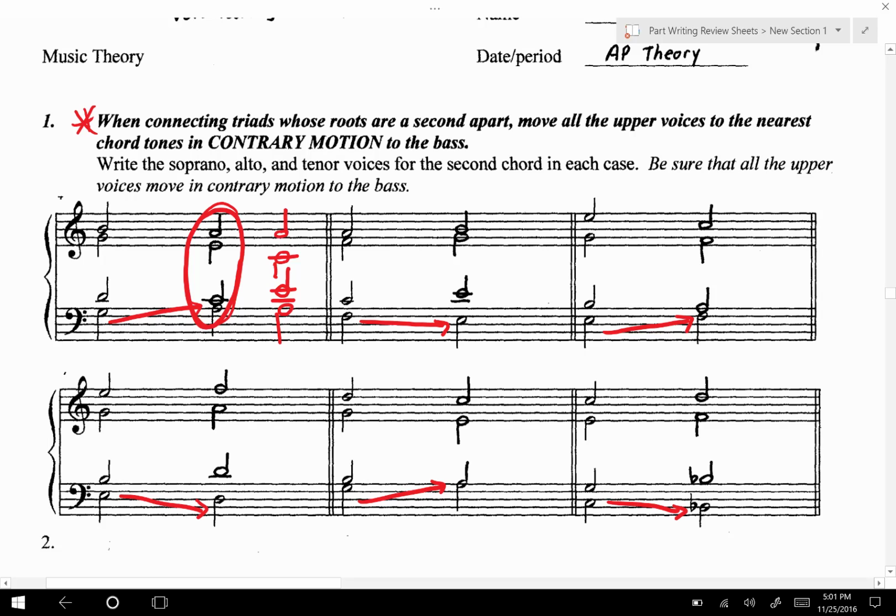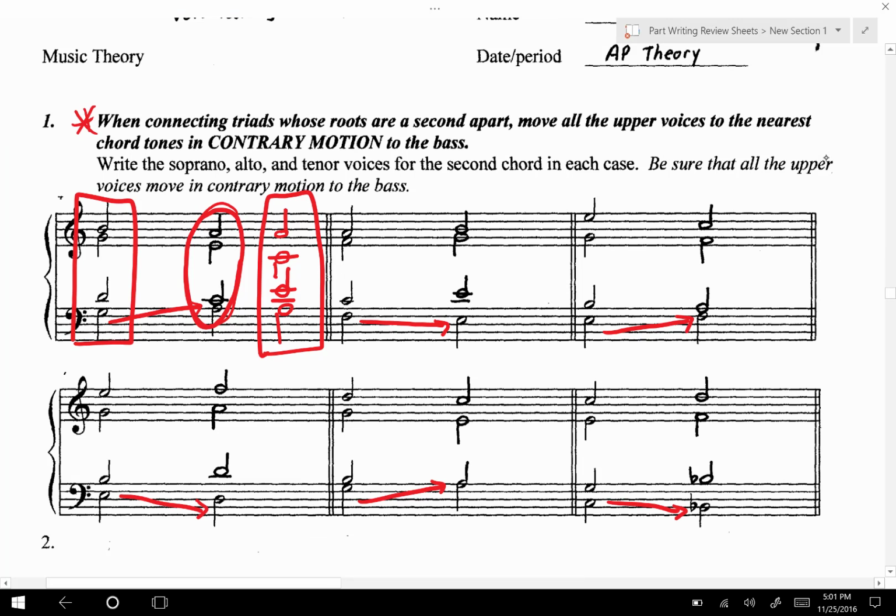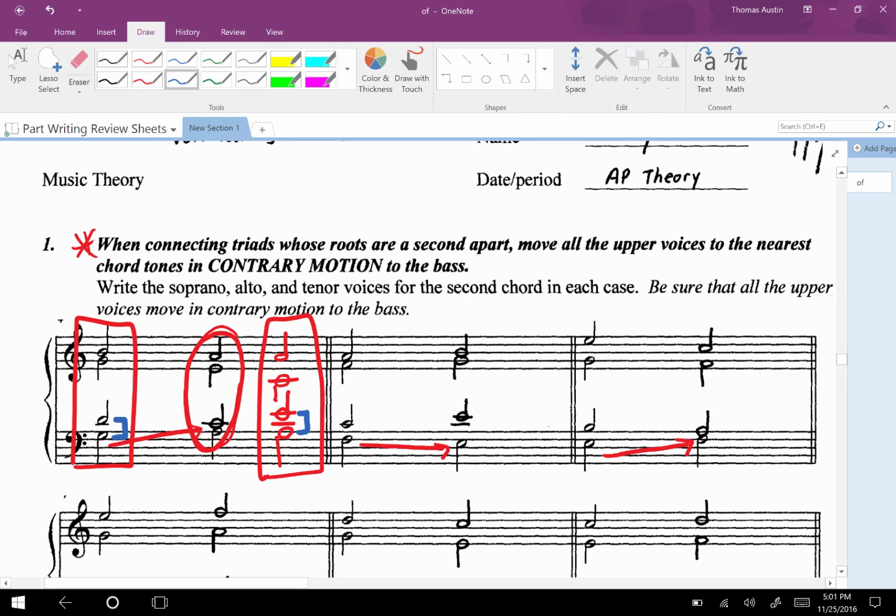If you compare the first chord here with this chord here, well, hopefully you realized that because I didn't follow this rule, I've now created parallel fifths, which are forbidden. Okay, so it's really, really important that you remember that.